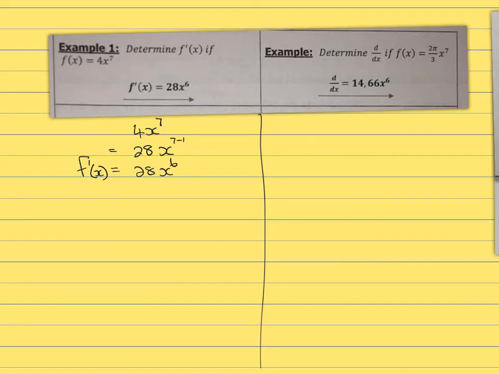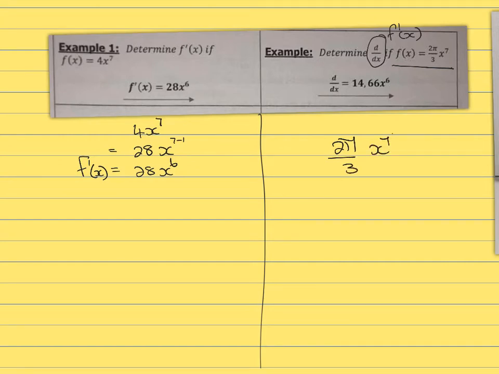So example 2. Determine this, which is the same as that one, if this is that. Okay, then you'll go and say 2 pi over 3 x to the power 7.